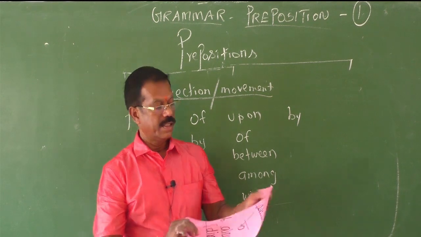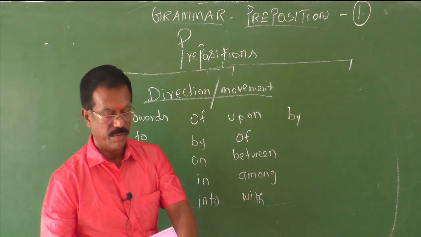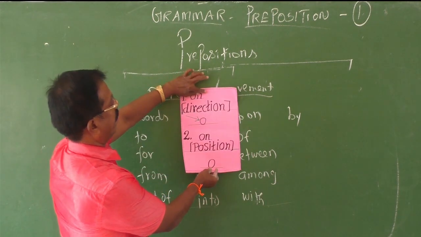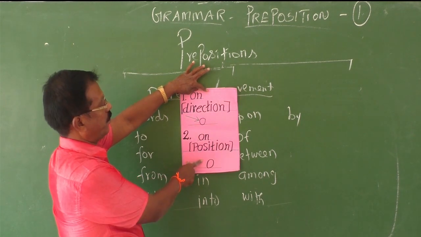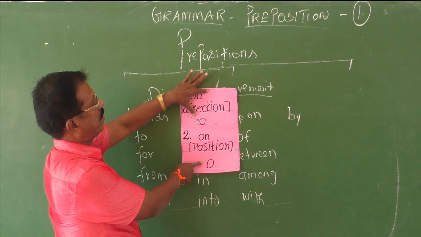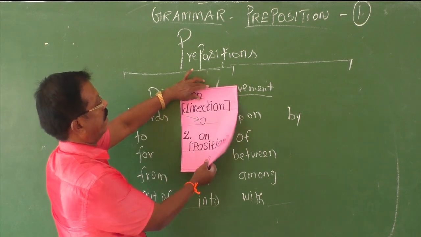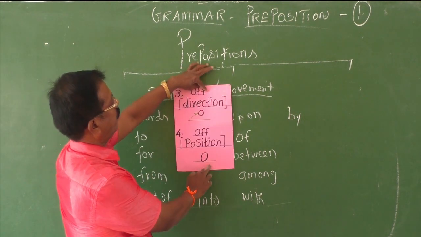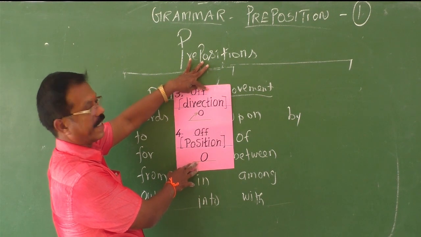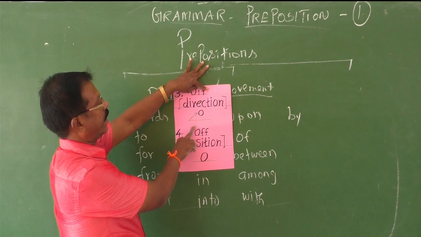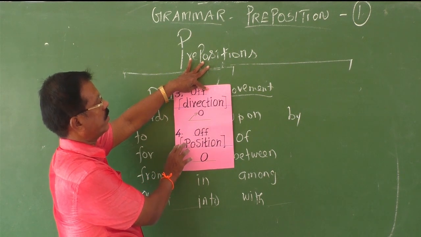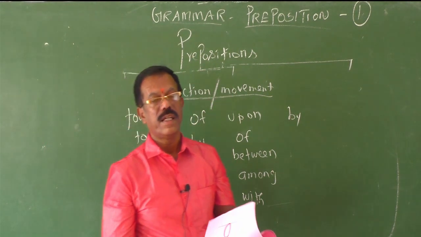See, like this: on, direction, on, position. Direction is different from position. So this is on, this is position. Similarly, off: this arrow mark shows the direction, this arrow mark shows the position. With the help of arrow marks, you can easily show the direction as well as the position.